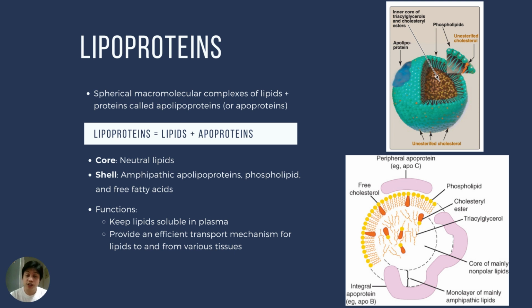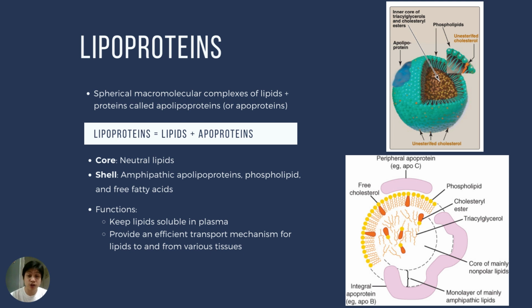Another illustration is found here below, which makes it more simple. In the core, again, would be the triglyceride and cholesterol esters. And you have the peripheral apoprotein, which is in pink. And these apoproteins are special because they're not only structural components, but they also act like enzymes.